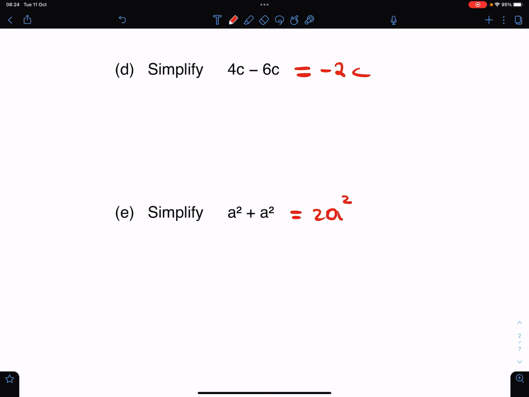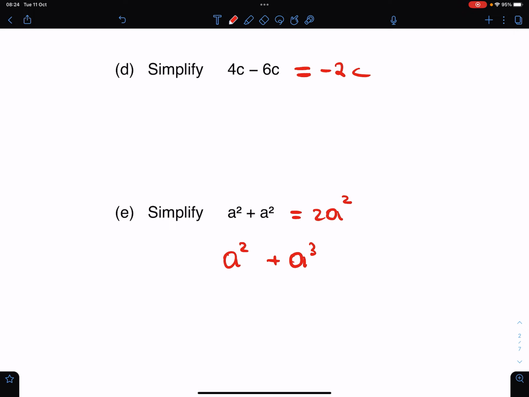Yusuf, make sense? Yes, Yasmin? Because both of them are to the power of 2, what if they had different powers? If they have different powers, that's a good question. Let's say a squared plus a cubed. We can't add this, okay? So itself is the answer. A squared plus a cubed, because we don't have a like term there, okay?